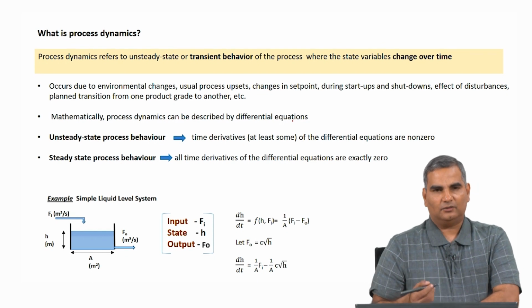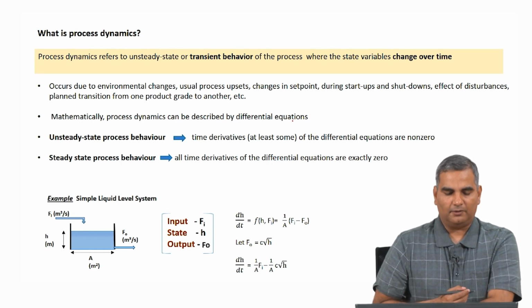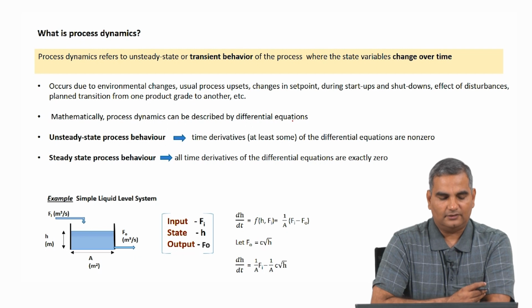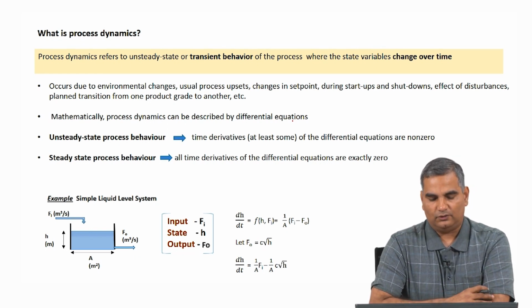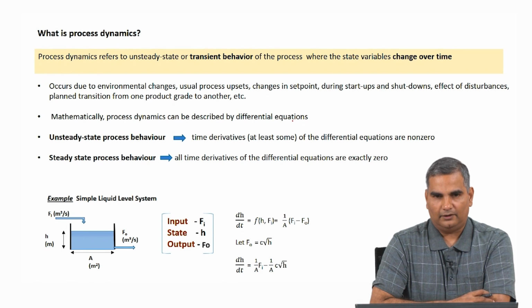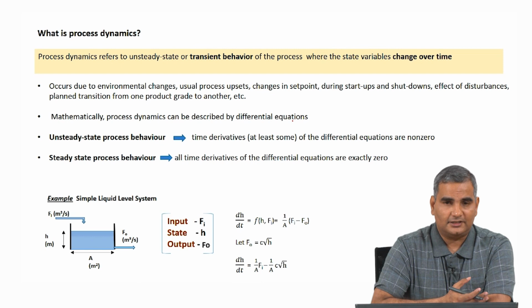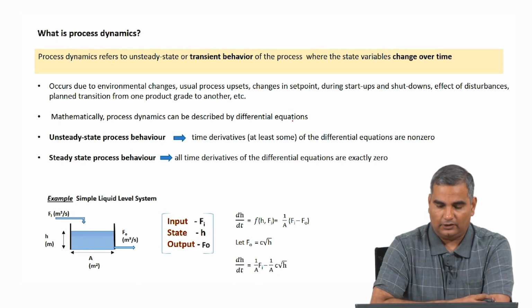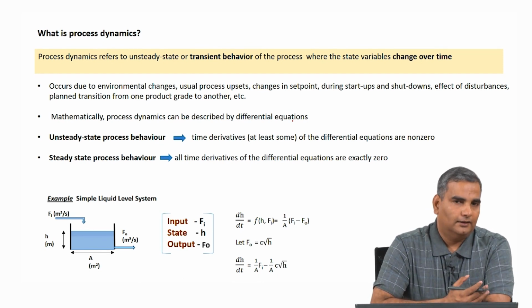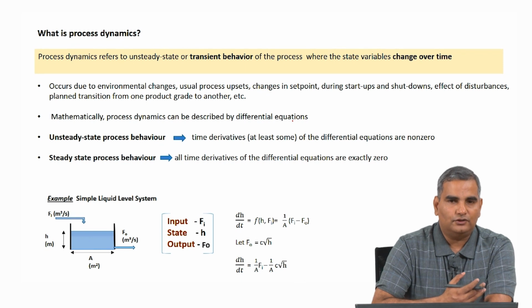And you might ask, why do I need to worry about dynamic models? In real processes, there are always changes that are occurring. The changes could be due to the environment, they could be due to process upsets, they could be induced by us. We want to change a set point, remember the servo control that I talked about before, or there might be a plant which you are starting up.